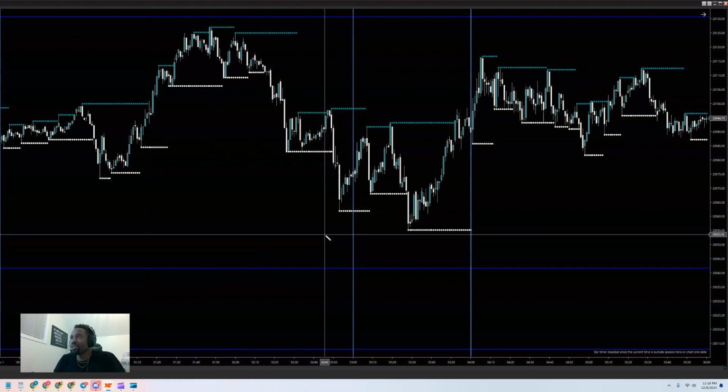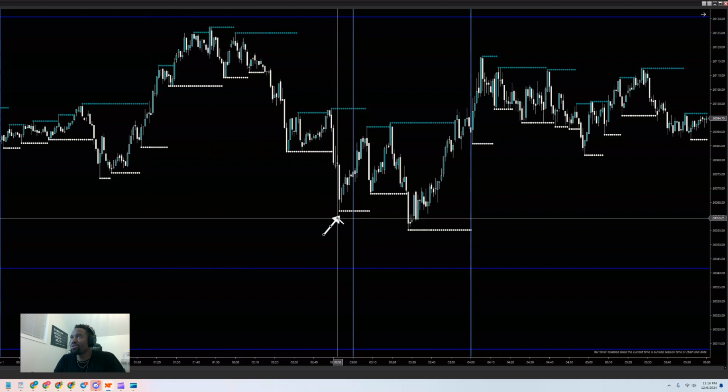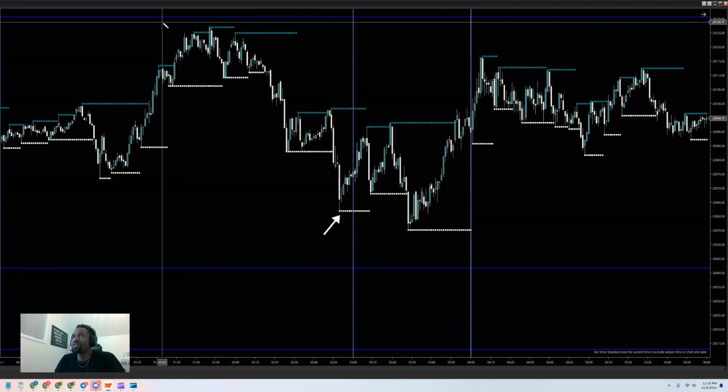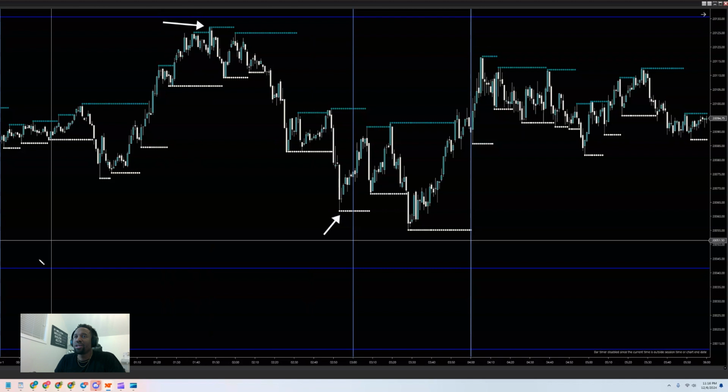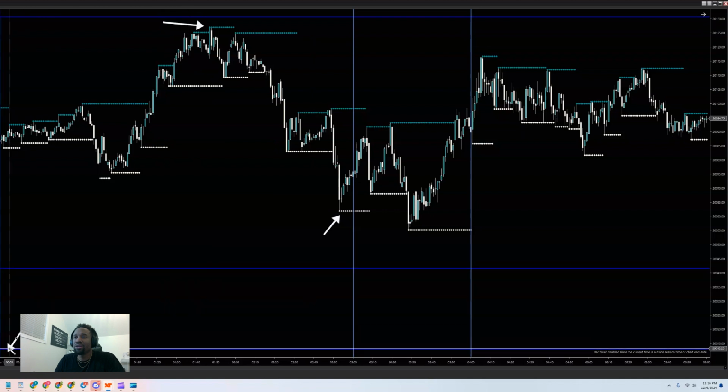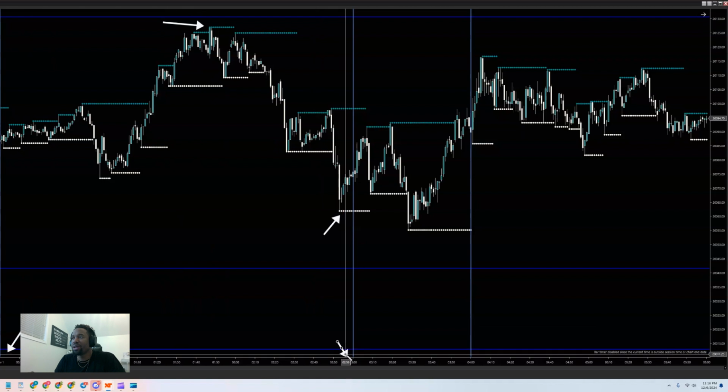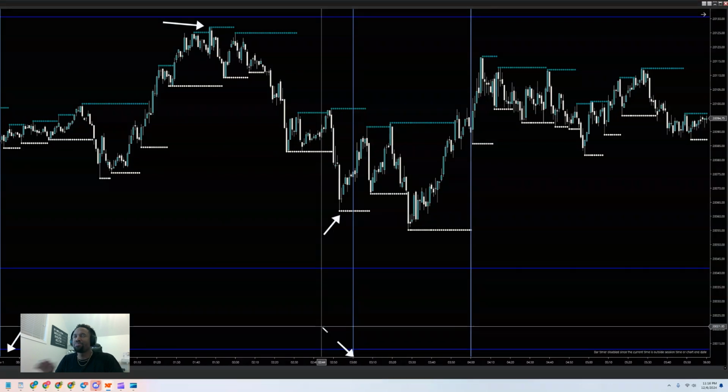As you can see, that previous session low is here, and the previous session high is here. This is 12 a.m., and down here is about 2:59. That's the minute that you want to look at.